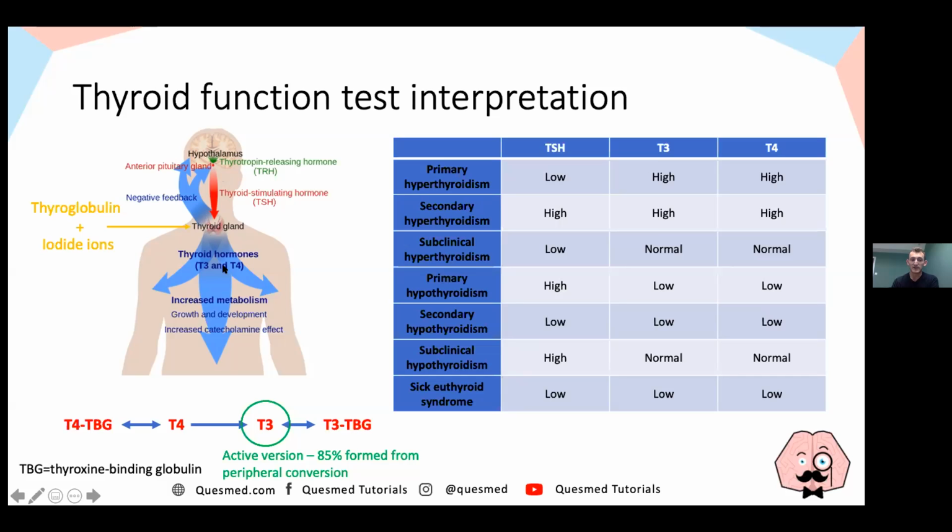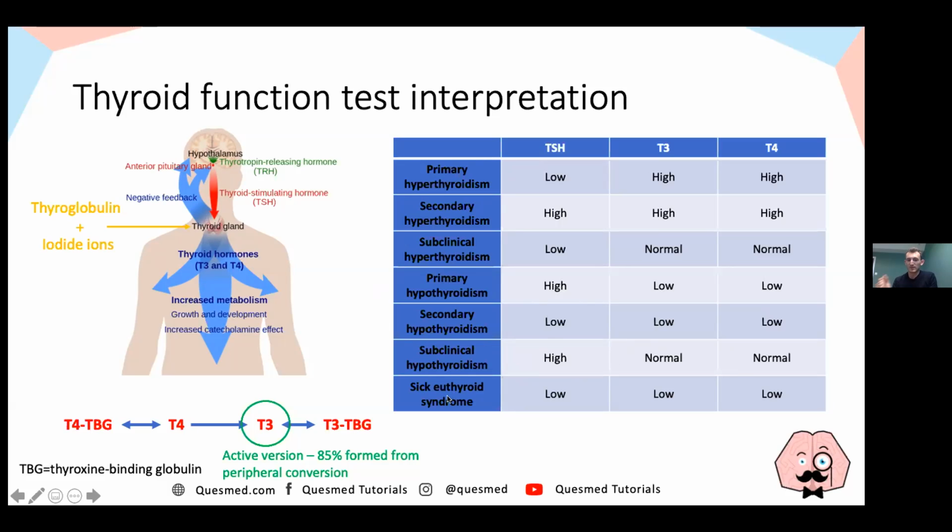Less TSH means less T3, T4 secretion. And then subclinical hypothyroidism is again asymptomatic, and you have a high TSH but a normal T3 and T4. And we'll come to some of those later.